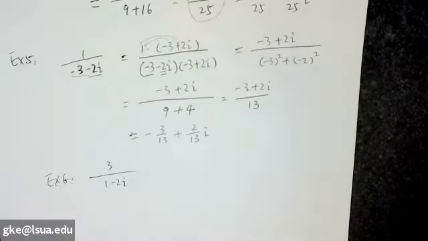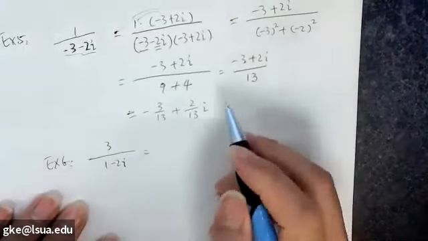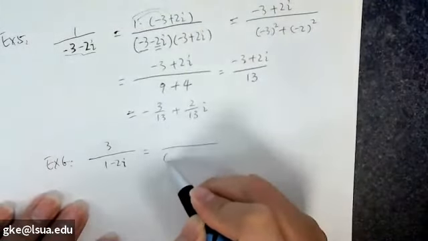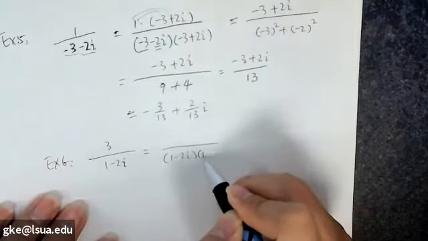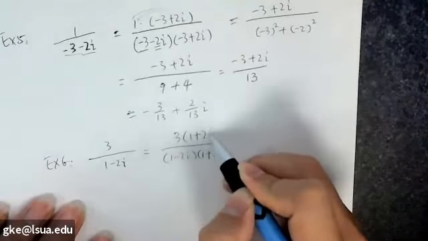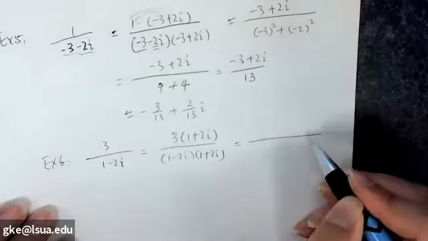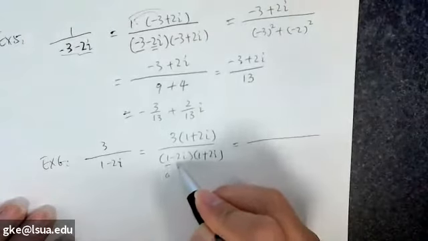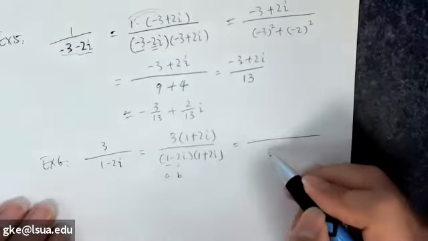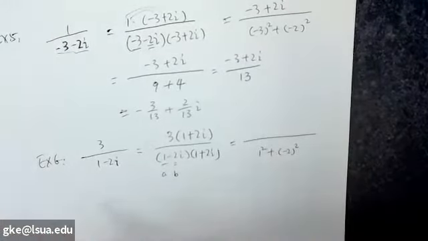I bet most of you guys already get it. So let's finish it on the board together, right? So the first step, times the conjugate, right? For the numerator, 3 times the conjugate, the same number. And for the denominator, we find A and B is -2, so we have 1 square plus -2 square. Clear? A square plus B square, right?